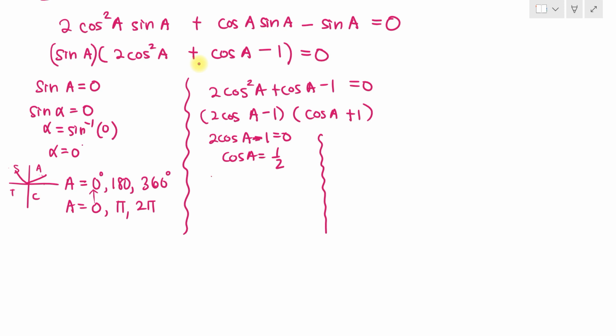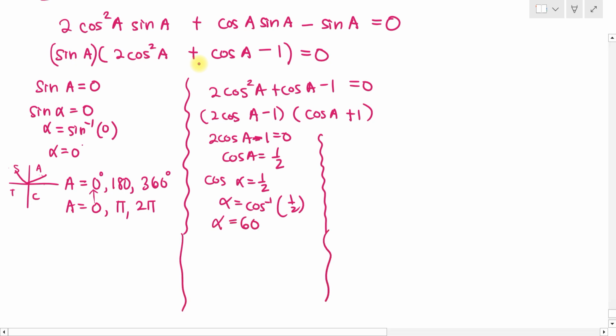So cos alpha is equal to 1 over 2. Alpha is equal to shift cos 1 over 2, so you will get 60 degrees for alpha. And then you need to identify the quadrant.